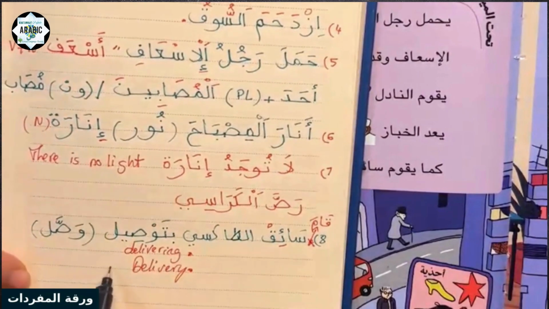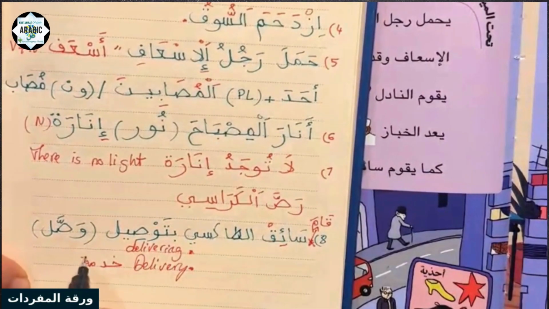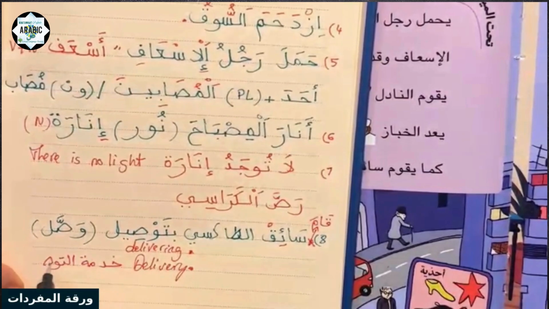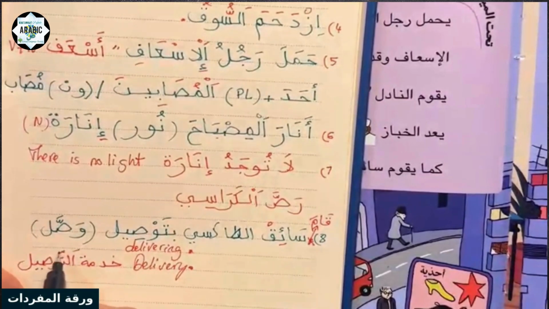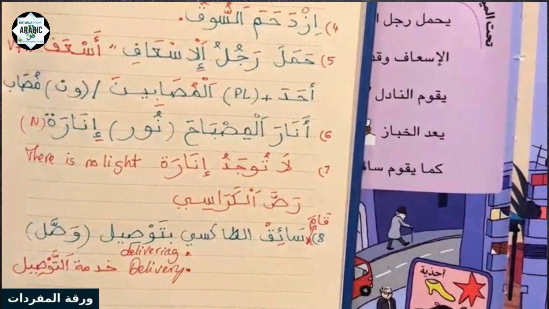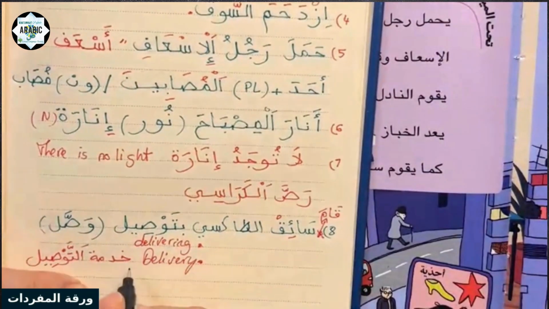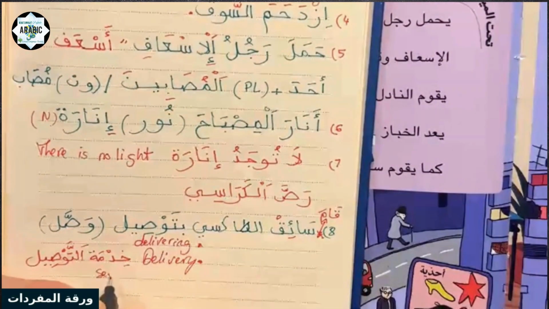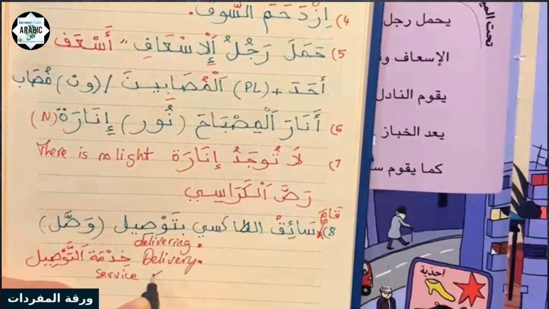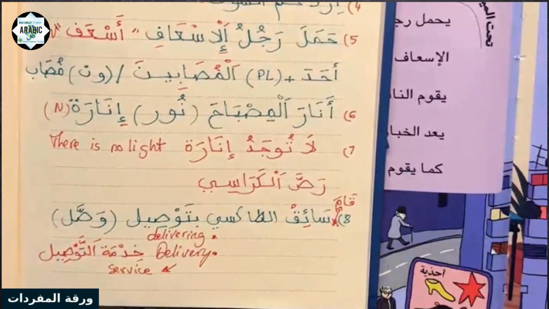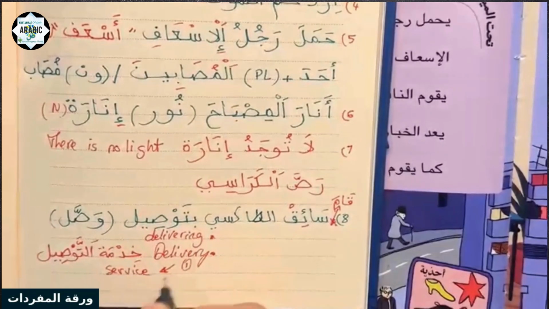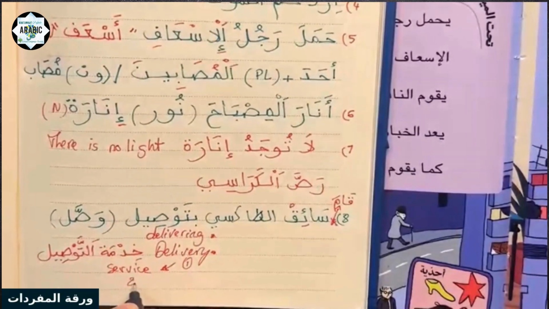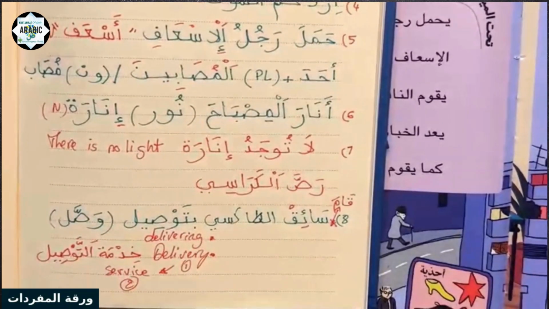I'll put خدمة over here so I can remember the context. خدمة service, which is delivery service in this situation. In English you put delivery first, in Arabic you put khidma first, service.